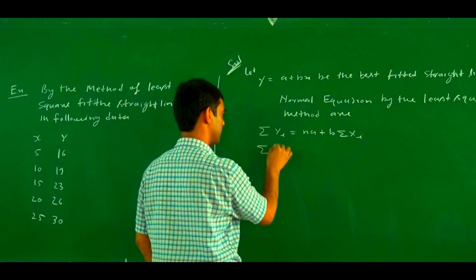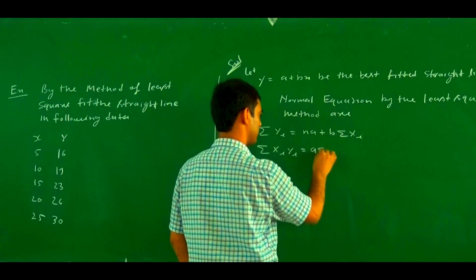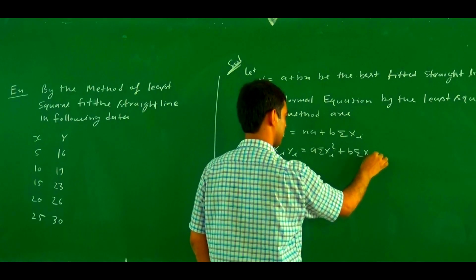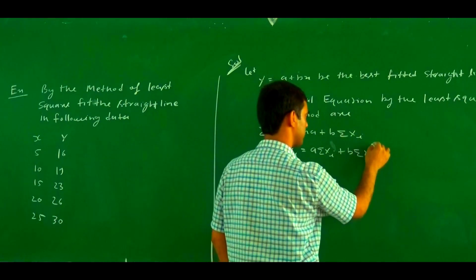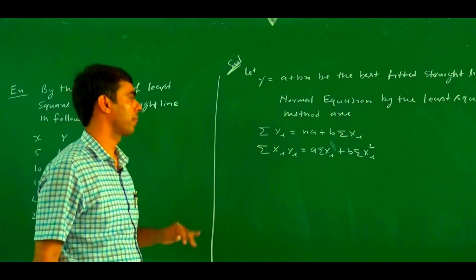Second, summation of xi yi equals a summation of xi plus b summation of xi square. These are the normal equations.